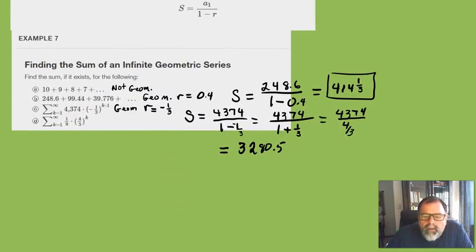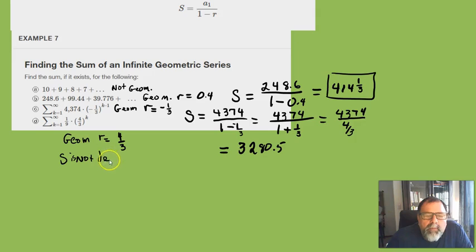Okay, and then D, it's geometric, but R will be 4/3. R equals 4/3, which is not between negative 1 and 1, so this is not defined. The series is not defined. Right?